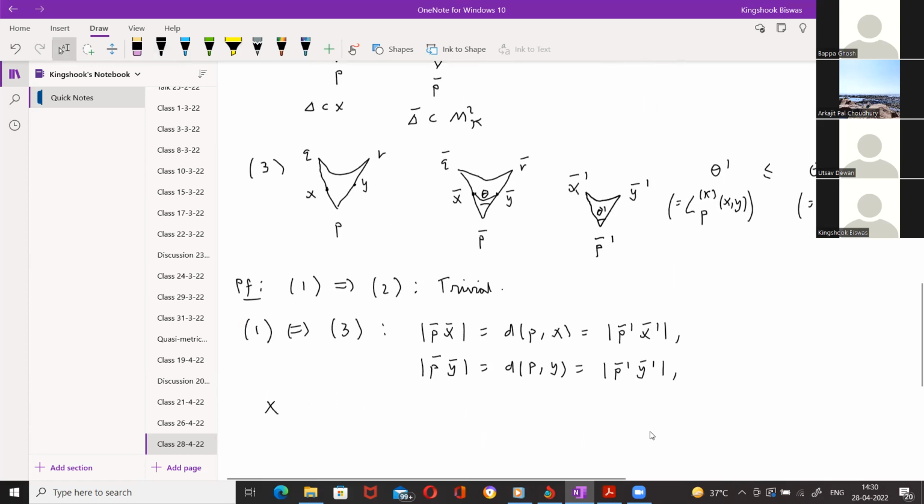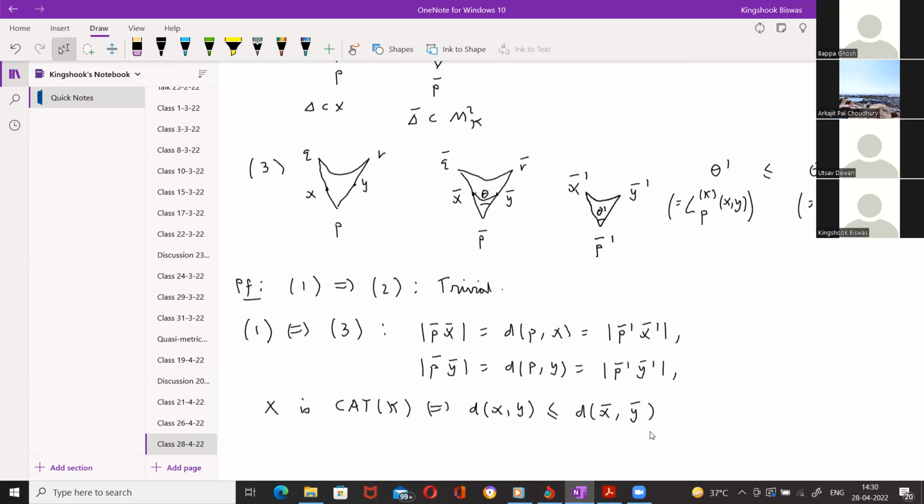So X is cat kappa if and only if distance xy is less than or equal to distance x bar y bar, right?